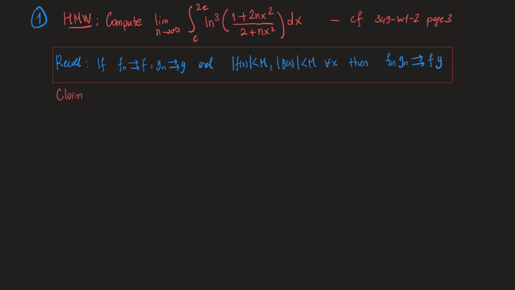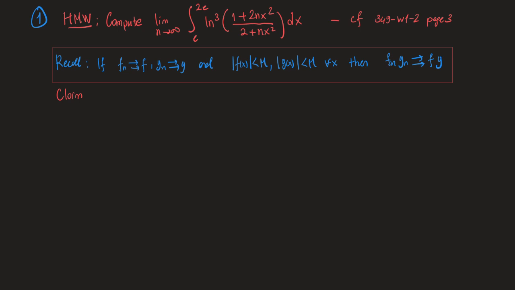Why am I aiming to prove uniform convergence? Because if I can prove this sequence of functions is uniformly convergent on this interval, then I can interchange with the limit, so I can easily calculate this integral, because in this case it is very hard to calculate.